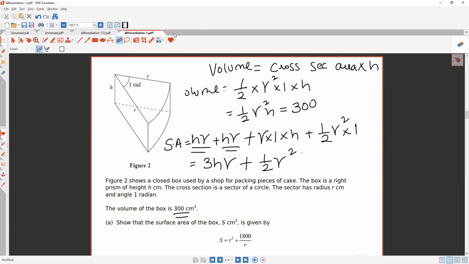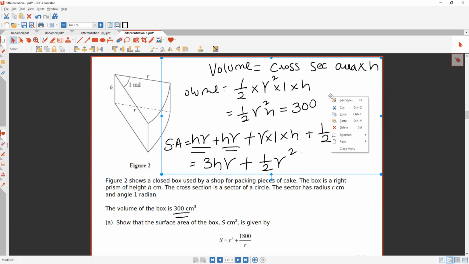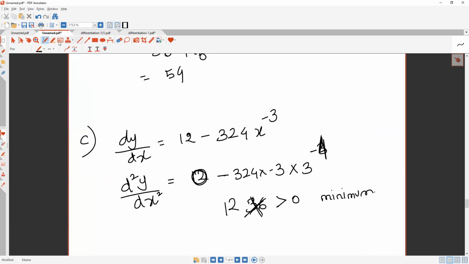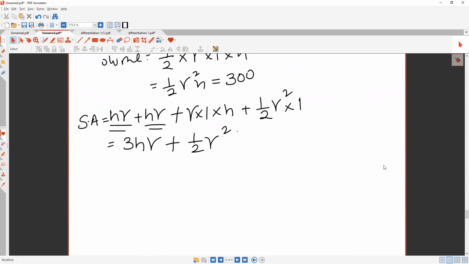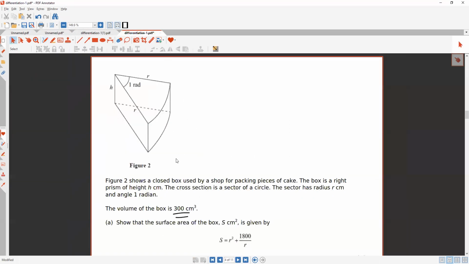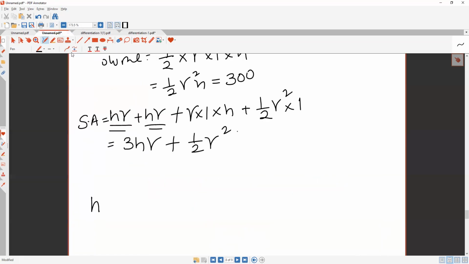Okay, fine. So let me copy paste this and solve this on the next page, by the way, because there is not enough space over here. Cut, paste. If I make h the subject of the formula, because h is missing from your question, if you see, there is no h over here, that means I have to make h the subject of the formula.